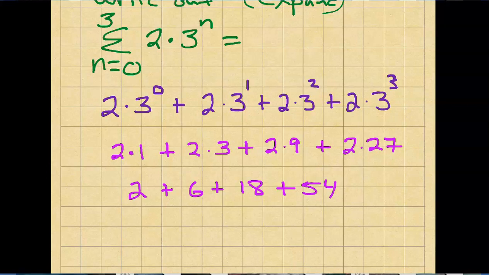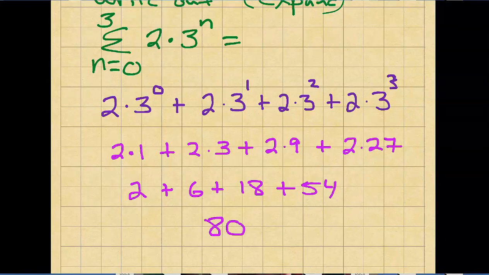And the rule that we would put in is 2 times 3 to the n, remember to go to the keyboard and put an n here, and you should have gotten 80 for a result.